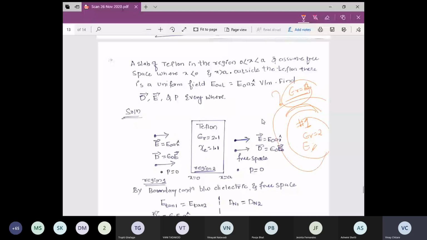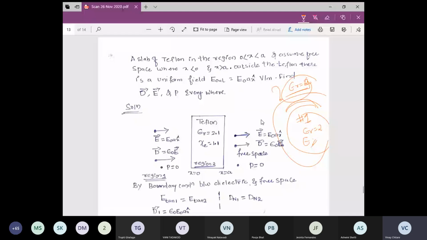In that case we use a boundary condition. We know the boundary condition between two dielectric materials, and between dielectric and conductor, and free space and conductor. You should really remember those boundary conditions.